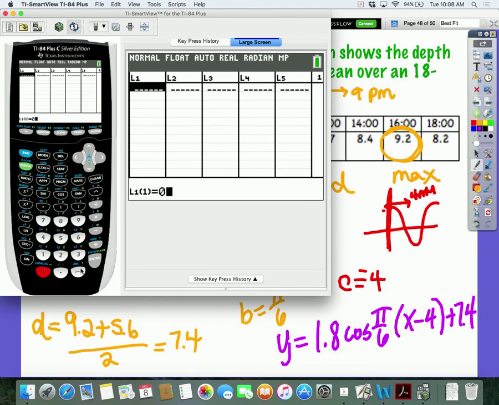We got 0, 2, and you just click Enter after every one. That's how you put it in your list. 4, 6, 8, all the way up to 18 hours. Everyone good? Go over to your L2 and you type in your water depth.